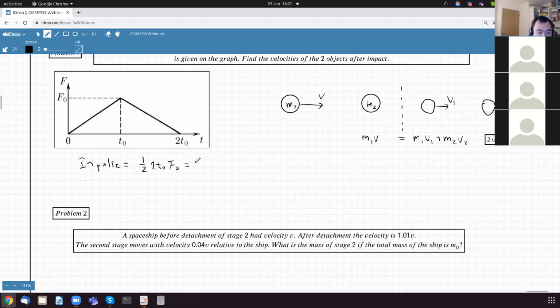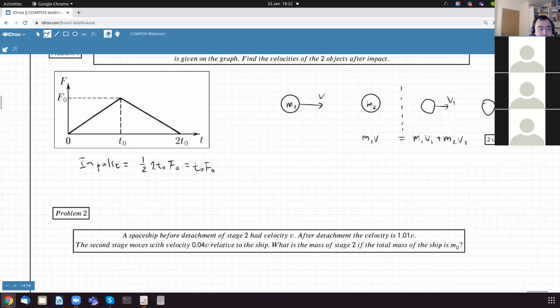So that is equal to t0 f0. That's the impulse delivered. Well, impulse delivered to what? It's the impulse delivered to the first ball and to the second ball. For the first ball, this impulse is going to be to the left, and for the second ball, this impulse is going to be to the right.